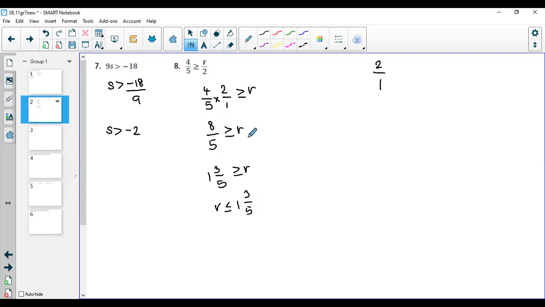I'm sure you have not forgotten how to change it into a mixed number. 1 becomes the whole number, 3 becomes the numerator, and 5 stays the denominator. So r is less than or equal to 1 and 3 over 5.